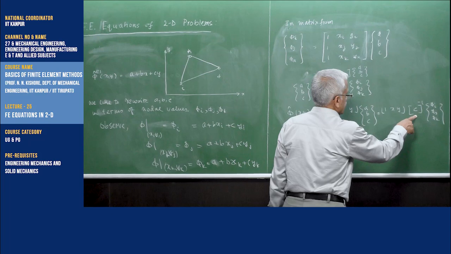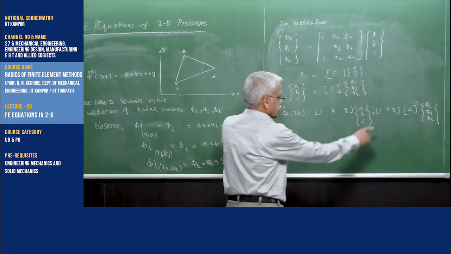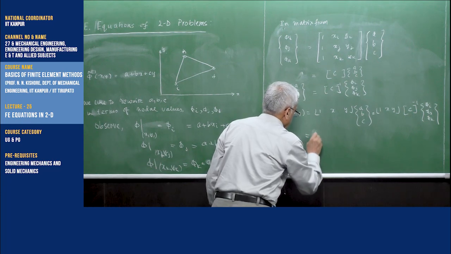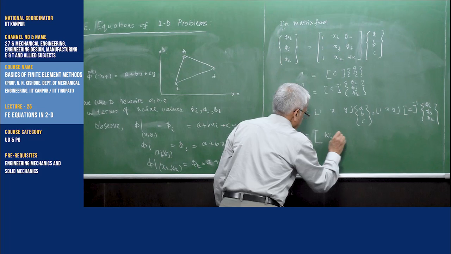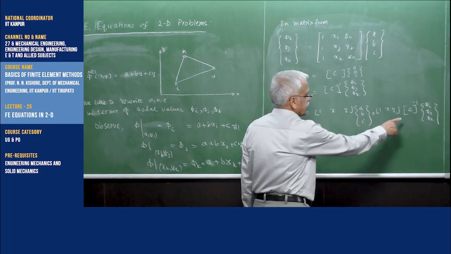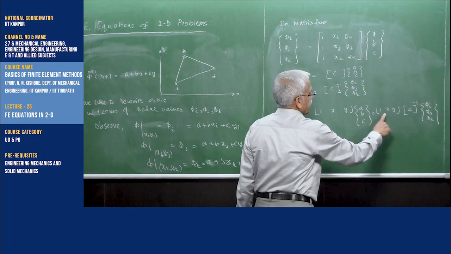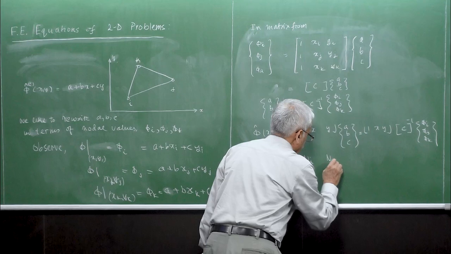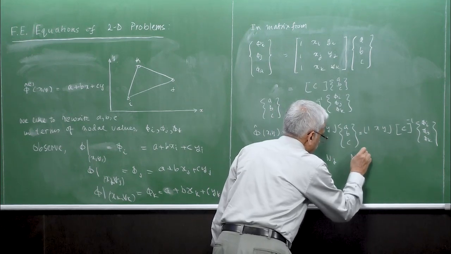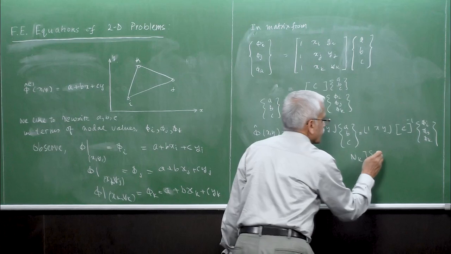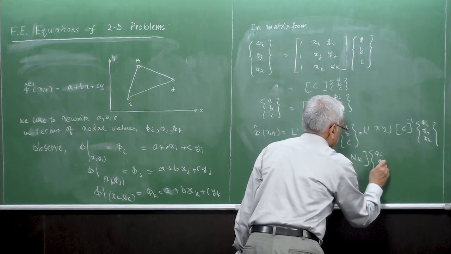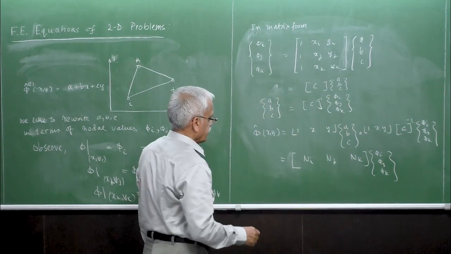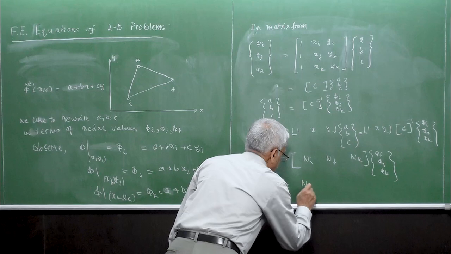So this C inverse is just a 3 by 3 matrix multiplying with 1, x, y. So this is a coefficients matrix multiplying the terms 1, x, y. Finally it will turn out to be, so I will explain what this Ni, Nj, Nk will be.